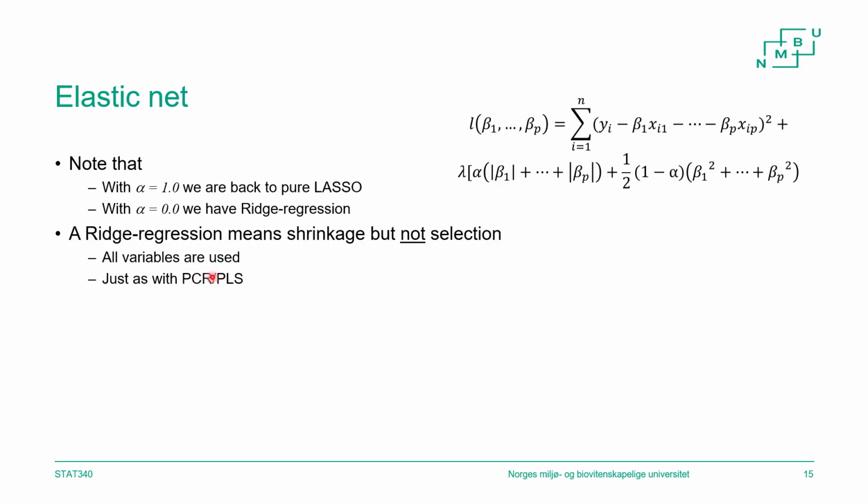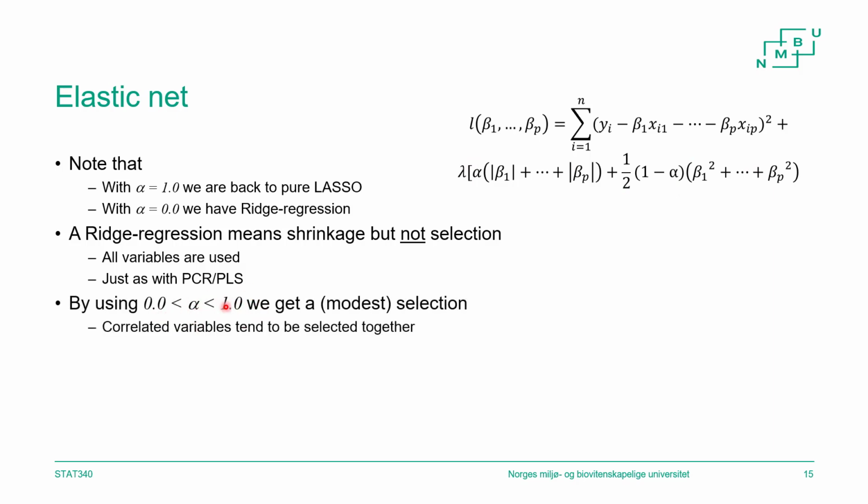Remember, the principal components are always combinations of all the original variables. The same for the PLS components. Nothing is sort of thrown out until we start looking for significance, right? The same with ridge. But since we now combine ridge and lasso, we do throw something out.